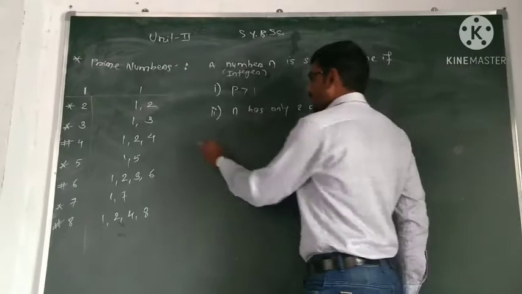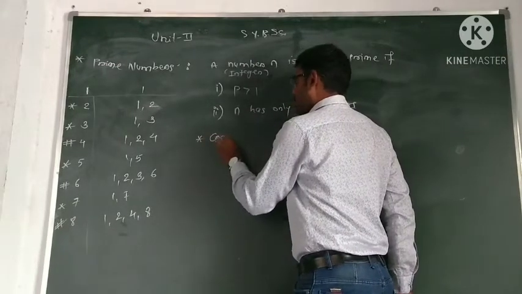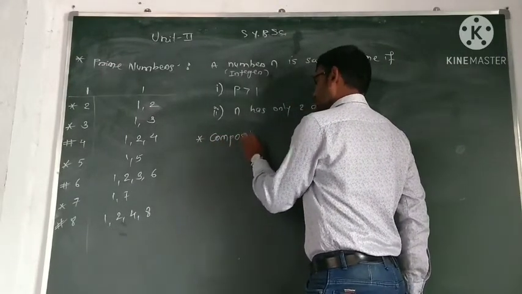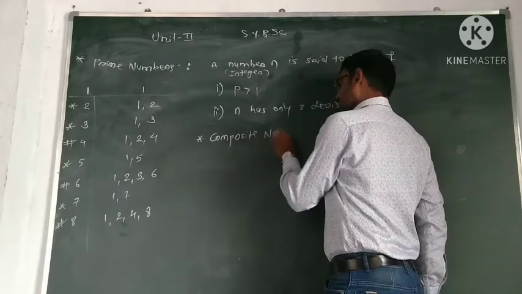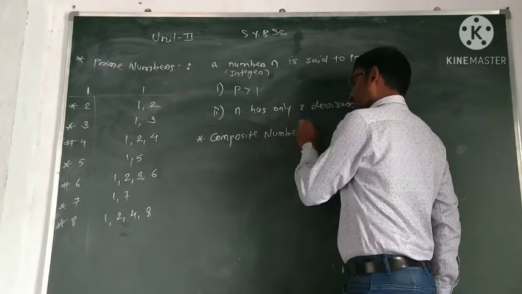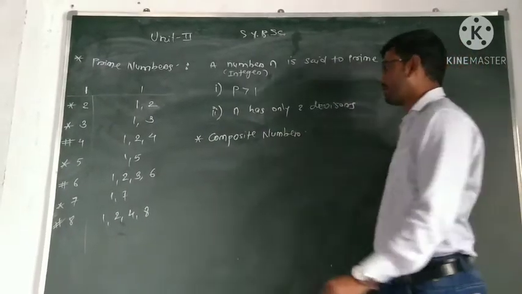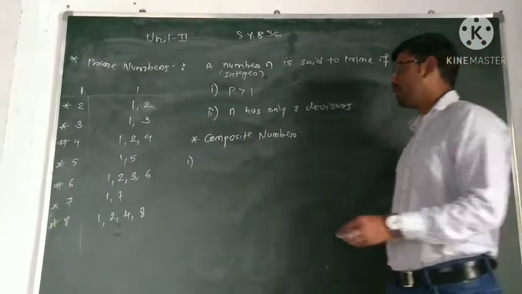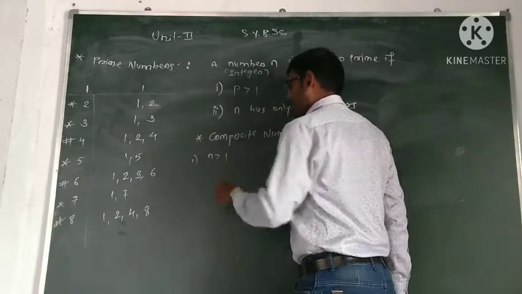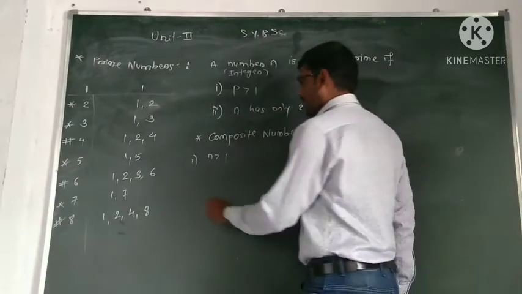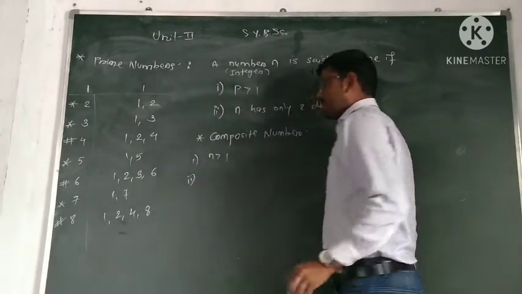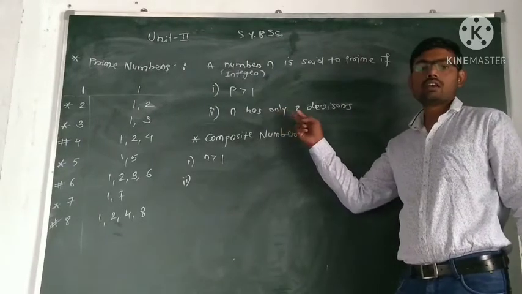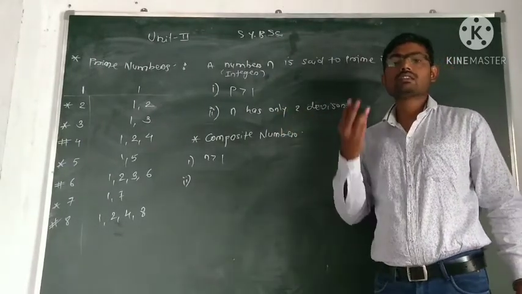And the second definition is composite number. The definition is also very simple. An integer n is said to be composite if n is greater than 1, and the second condition is that it must have more than 2 divisors, at least 3 divisors.